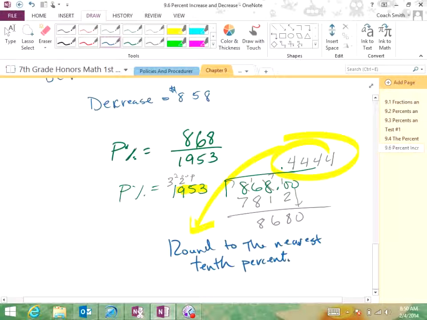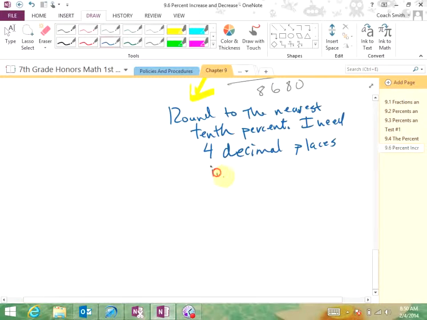So to round to the nearest 10th percent, I need 4 decimal places in my number.